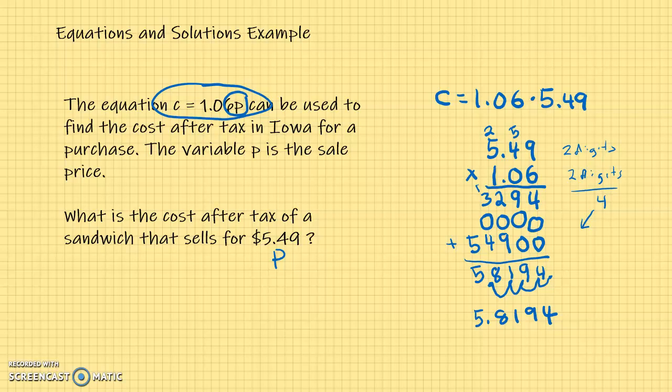And we have a 1 there, but because just to the right of it we have a 9, because that number is 5 or greater, then it bumps the 1 up to a 2. So the cost of the sandwich after tax is going to be $5.82. That's it. We're done.